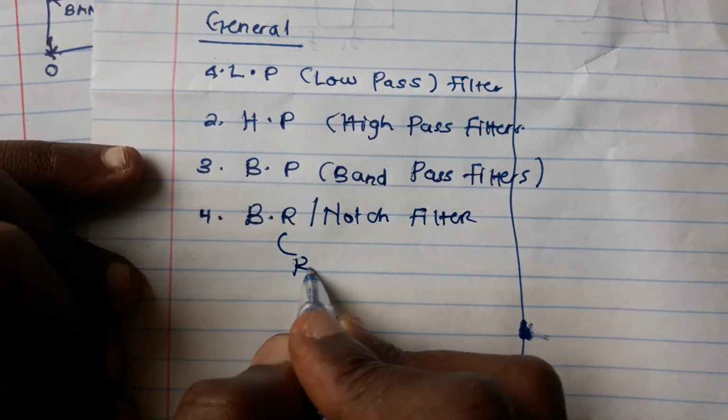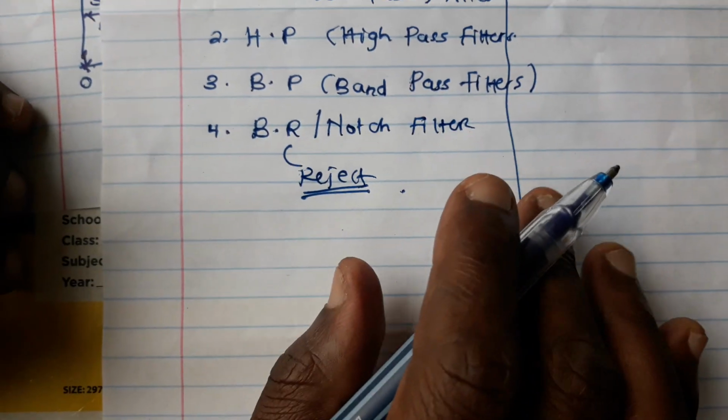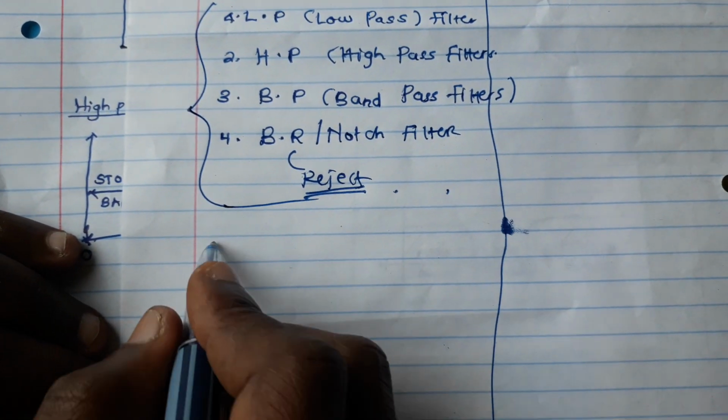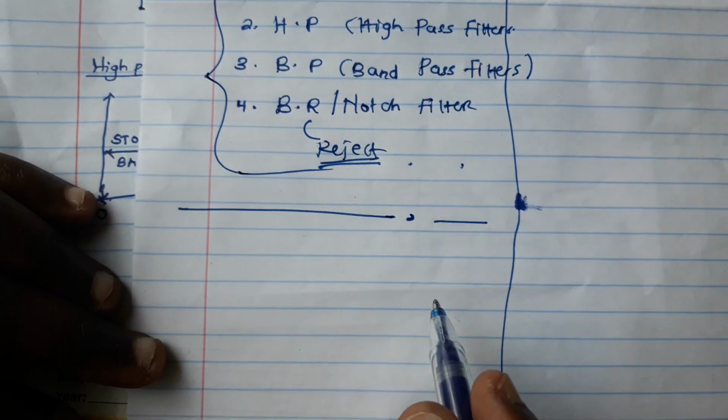And this is nothing but reject, so we call it that because it's rejecting. So this is the general classification of filters. We also have other classifications of filters, but we shall look at them in the next video.